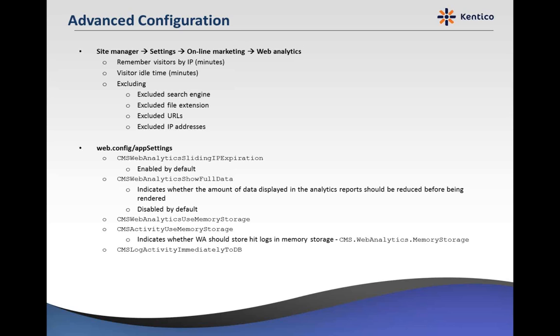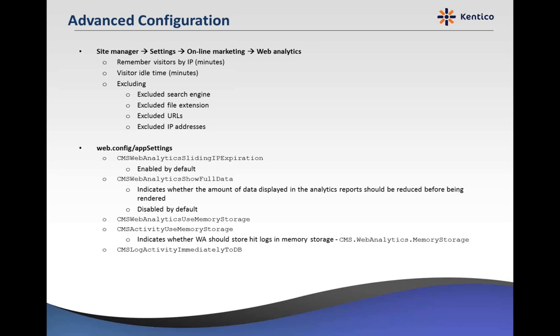So the unique visit statistics is influenced by that. If you want to ensure that for as long as a user is active on the site, their IP is kept in memory no matter how long it has been since it was added to the collection, you can use sliding expiration. That's the CMS Web Analytics sliding IP expiration key that you can use.